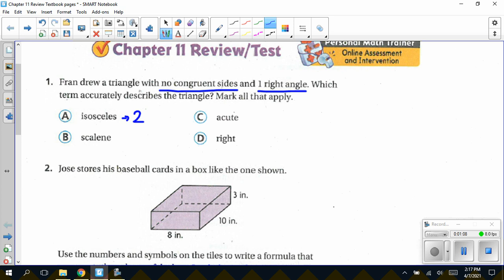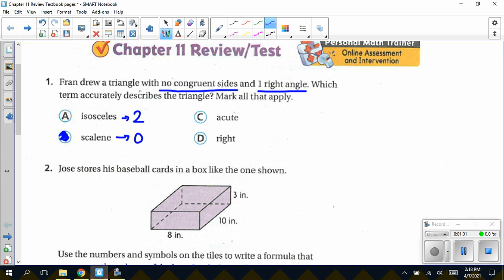The other choice is scalene. If you recall from lesson 2, scalene is all sides are different, so 0 congruent sides. And remember, congruent means that they are equal to each other. So going back up to the question, it says 0 or no congruent sides, so that would be choice B.